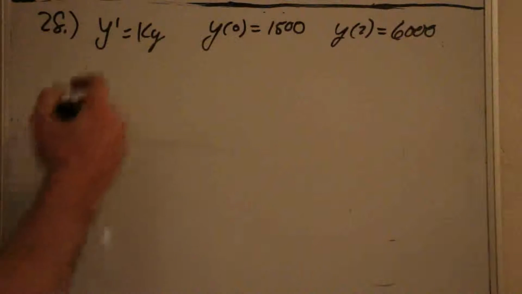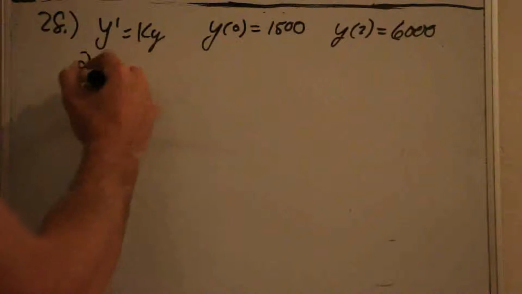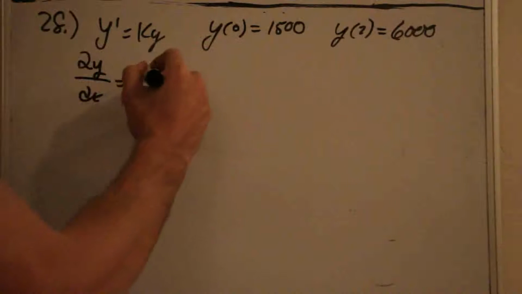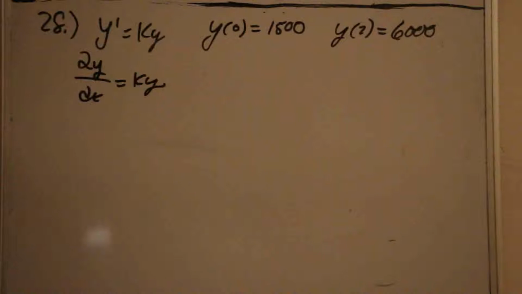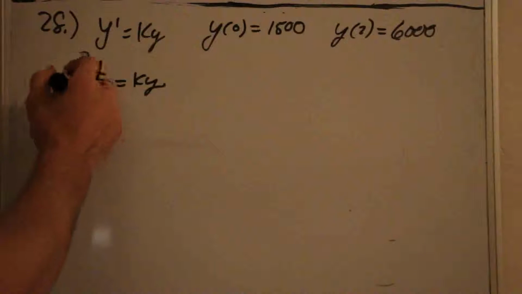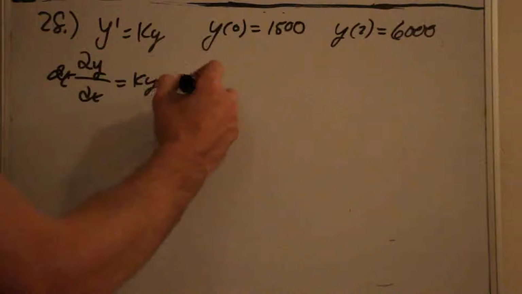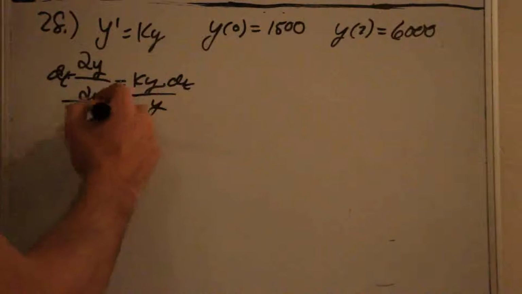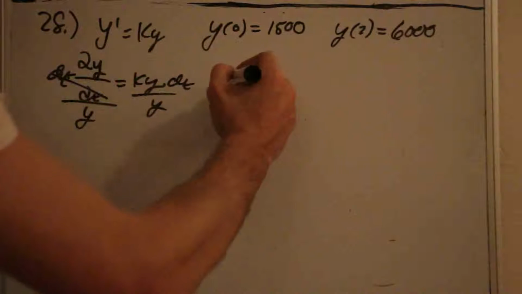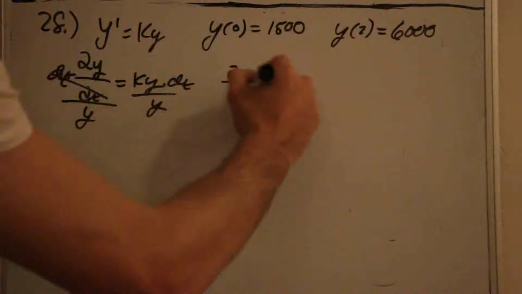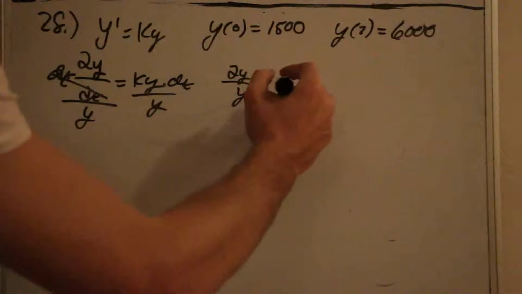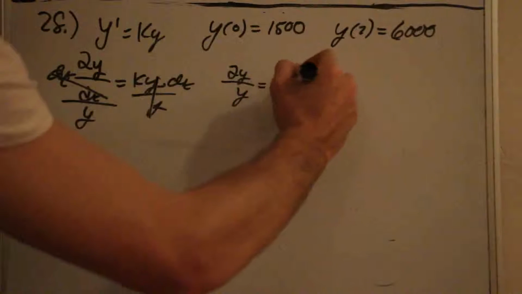So in order to get this function of y, we have to say, well, dy/dt equals ky, and we have to get the y's on one side and the t on the other side. So multiply both sides by dt, divide both sides by y, and this becomes dy over y equals k dt.